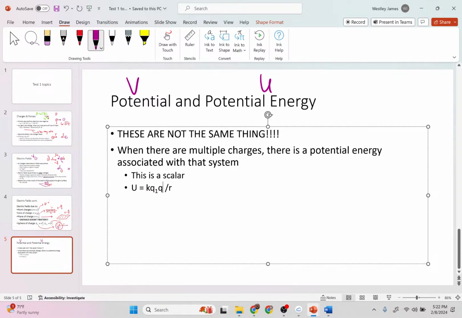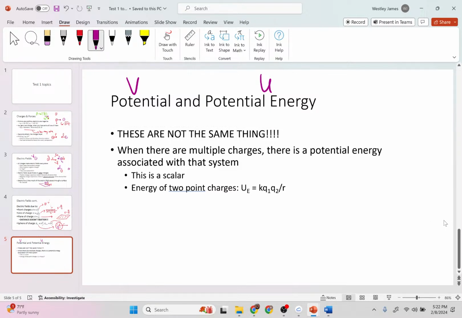K Q1 Q2, divided by R. So energy of 2-point charges is U, technically sub E, for electric field, because you all learned about gravity way back when. The sign matters. Scalars, you need to put whether it's positive or negative. You have to. If you don't put that, you're going to get the wrong answer. It matters, especially when you get to voltage.